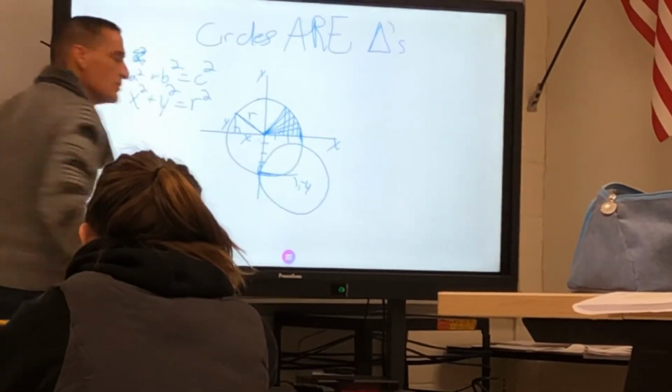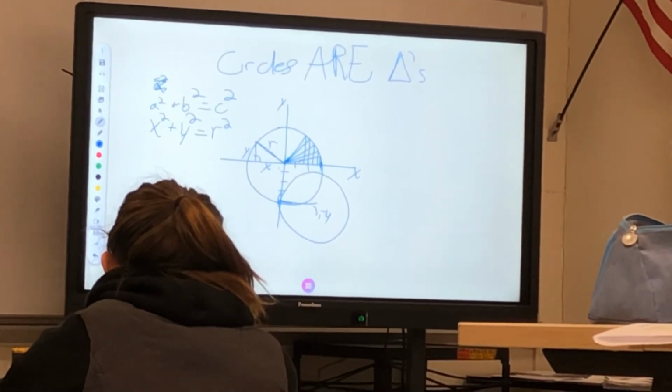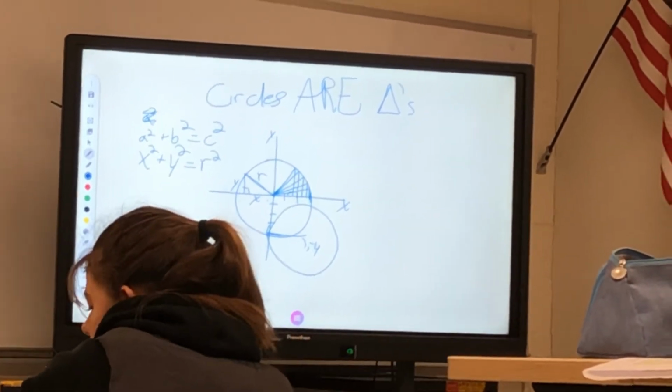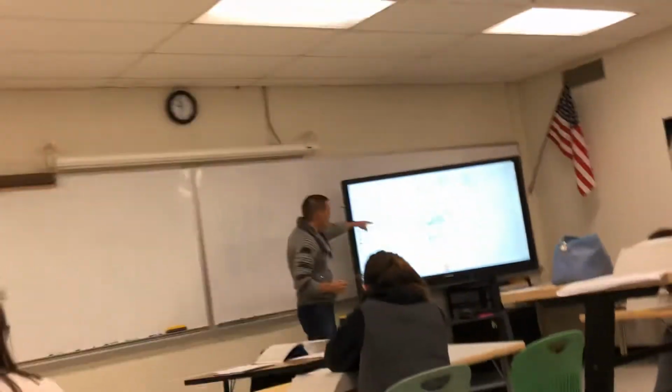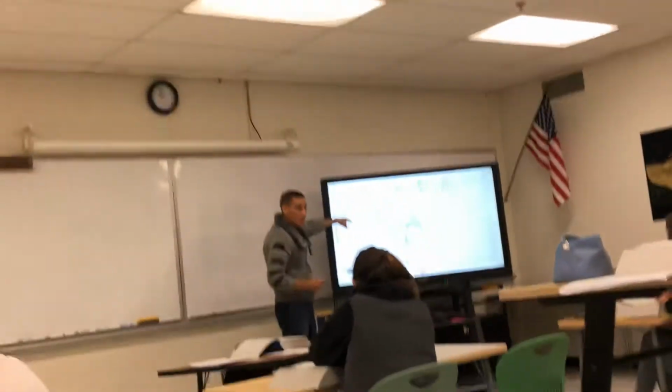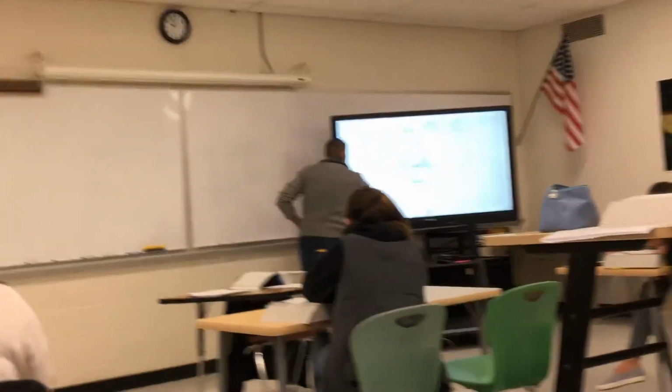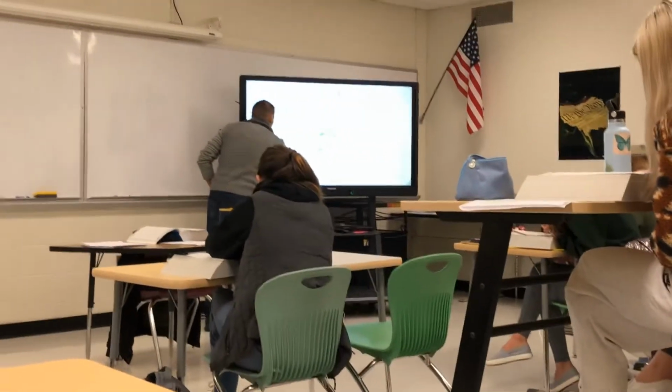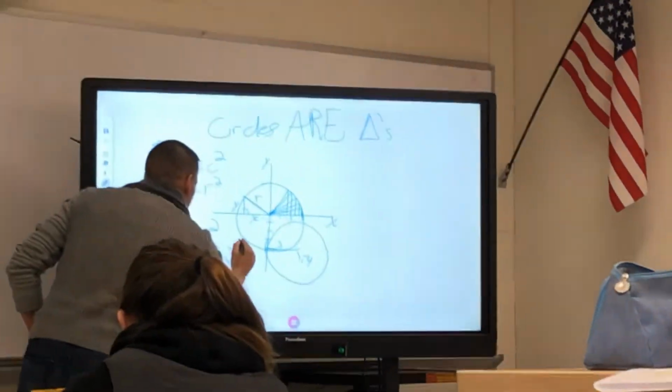So here's my new circle with a center at 3, -4 and a radius of length 3. Here's your equation. It's x squared plus y squared equals my radius squared.